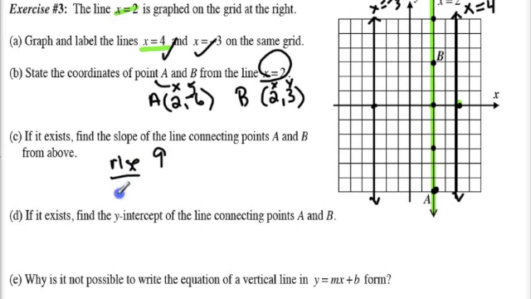And I run? Well, I don't run anywhere. I guess that's 0. Dun, dun, dun. This is not good. 0 cannot be in the denominator, and that's why the slope of a vertical line is undefined.